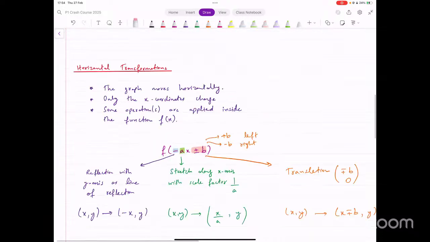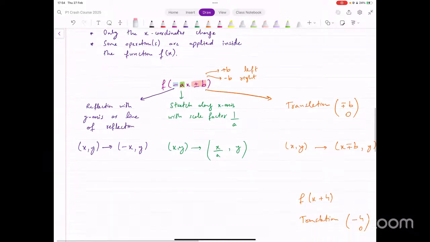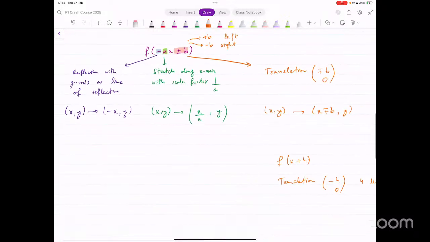And then we had three horizontal transformations. In horizontal transformations, the graph moves horizontally, only the x coordinates change, and the operations are applied inside the function. So x is replaced with something else. So x can be multiplied with a negative sign. In that case, there's a reflection with y-axis as the line of reflection.